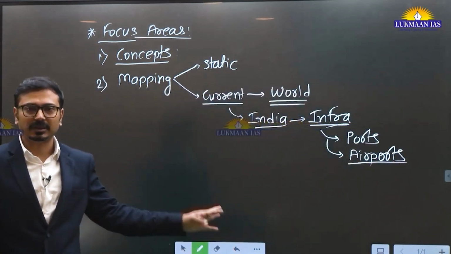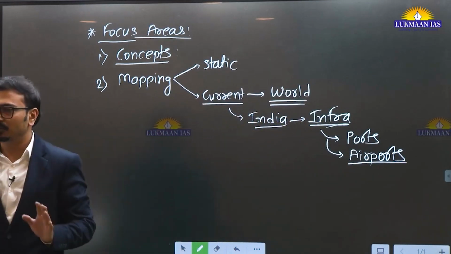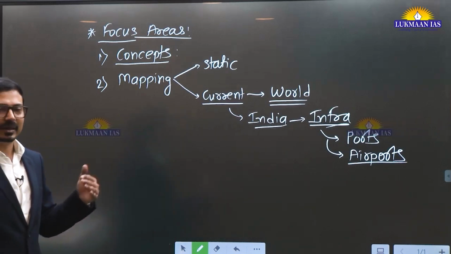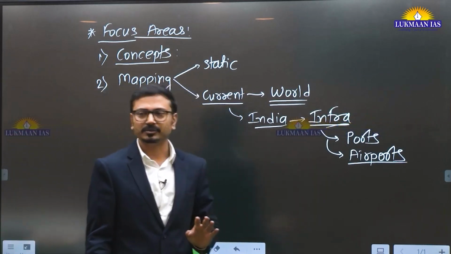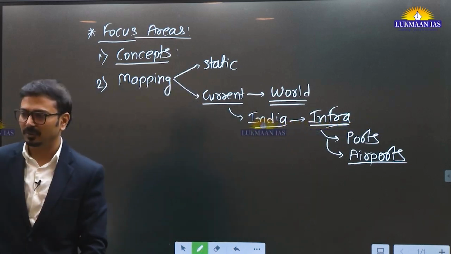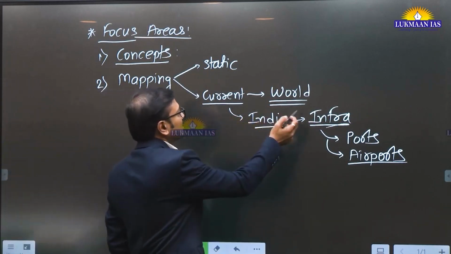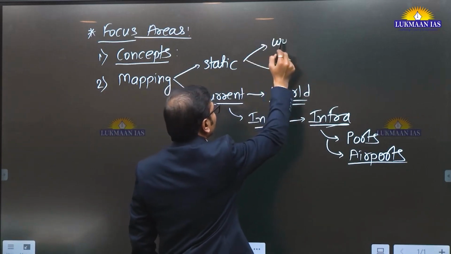Last year, a match-the-following: Kamarajar port, Mundra port, all these things they asked. So somehow they are in the news for different reasons, but they asked the static portion, or we can say match-the-following type. So we have to prepare this for the world as well as India.